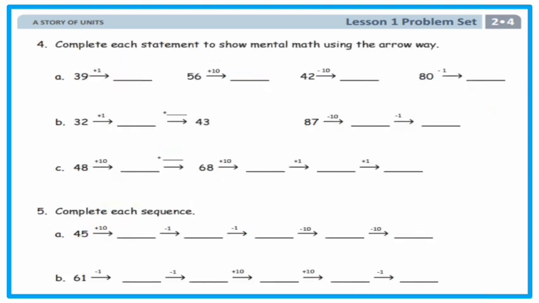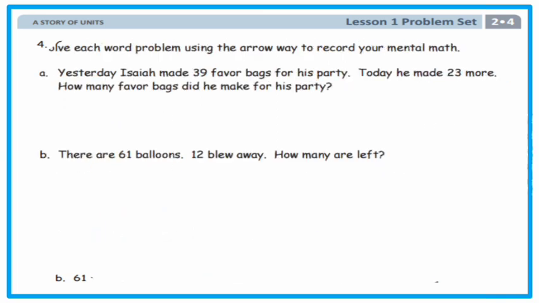All right, now look at the arrow way. Can you look at this arrow way and fill in each statement to show mental maths? Well, I bet you can. So do that quickly, and that is where we end this lesson. Look at this word problem. Yesterday Isaiah made 39 favor bags for his party. Today he made 23 more.